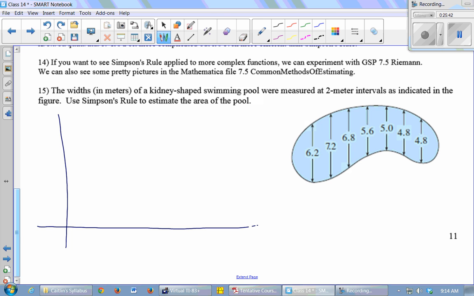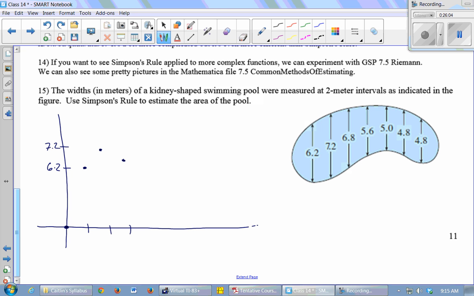Just pull on it. So I would have 0, 0, right? And then 2 meters later, I'd have 6.2. And then 2 meters later, I'm going to have 7.2. And then 2 meters later, I have 6.8, somewhere between those.